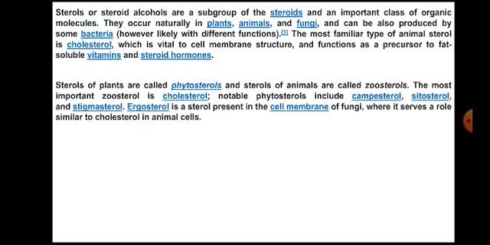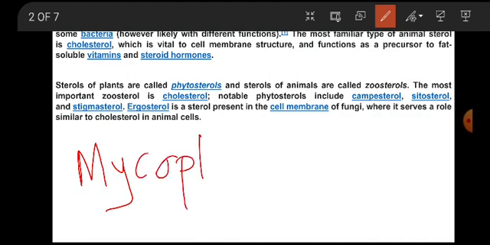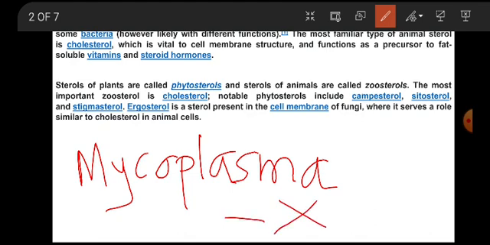The bacteria that do not have a cell wall are called mycoplasma. So there is an absence of a cell wall, and therefore these bacteria are classified under the class called mycoplasma.